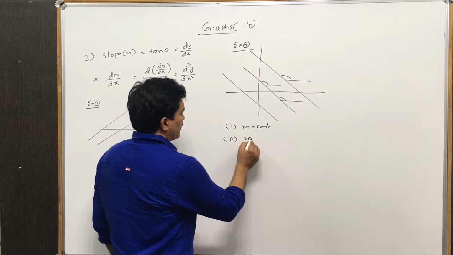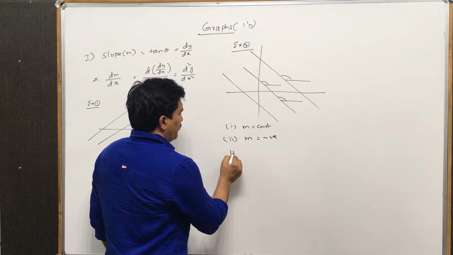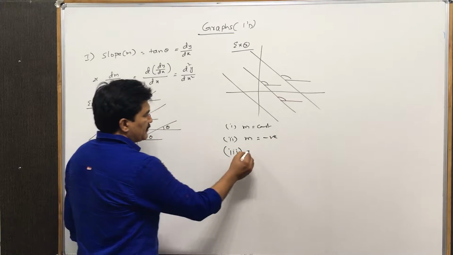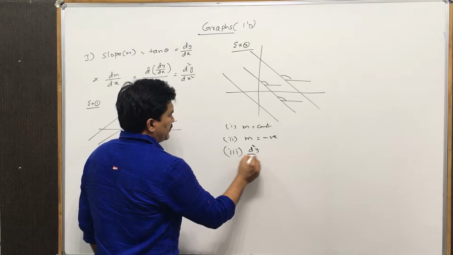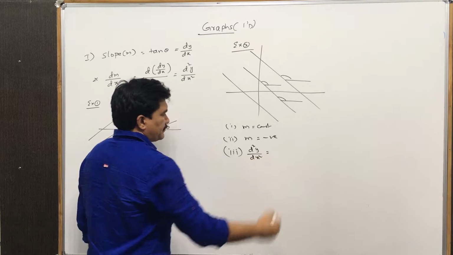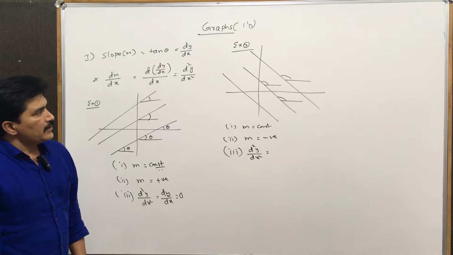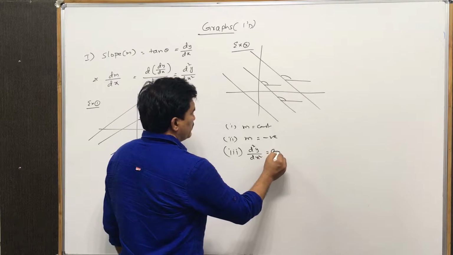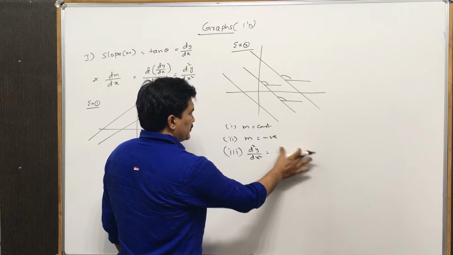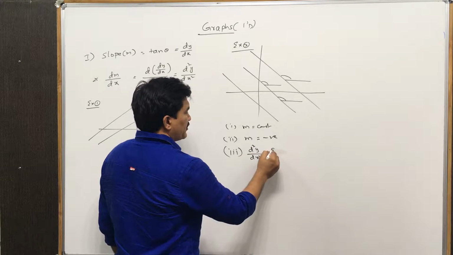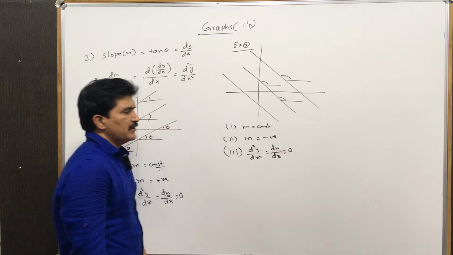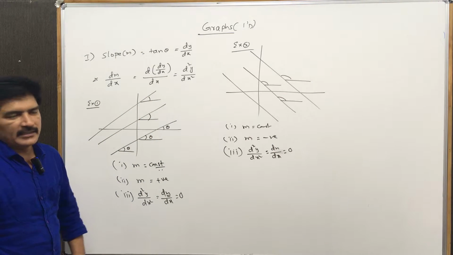Regarding d square y by dx square, as slope is constant, this is the differentiation of slope with respect to x, so this value is equal to 0.